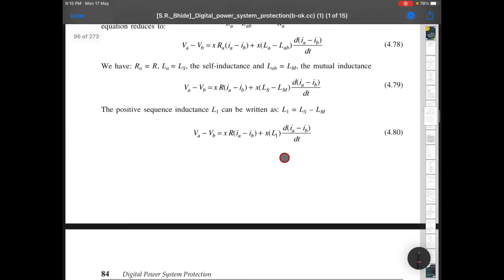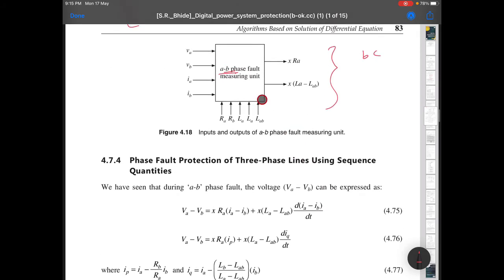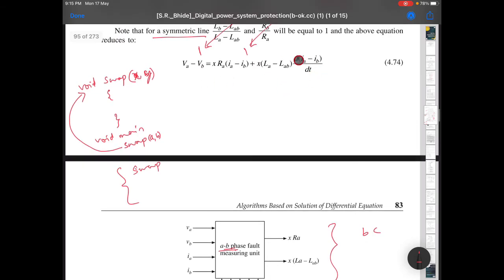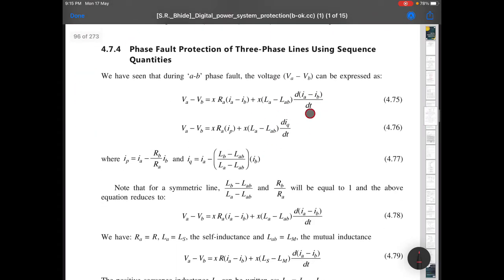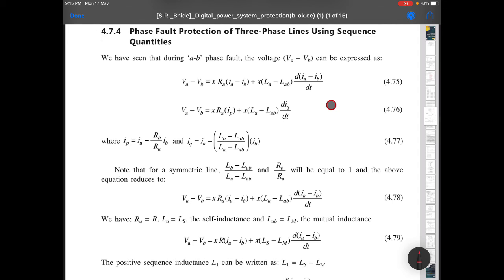This is a small topic, but nevertheless you will have to start by remembering the previous derivation. You will have to remember this equation and start with that equation. In the exam, if this question comes and you directly start from this equation, you will get full marks.